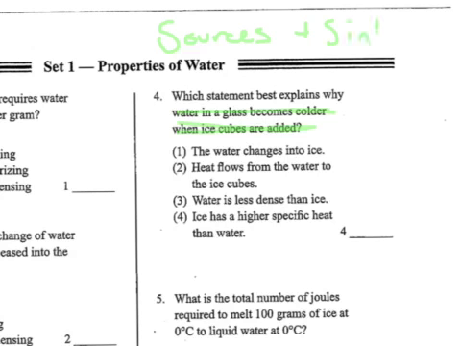Remember that energy always flows from sources to sinks. What you need to decide is whether the water in the glass is the source of energy or is a sink of energy.